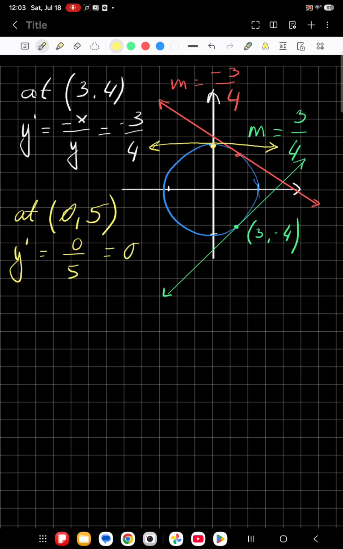Okay, so let's do another example. So example 5, I think.